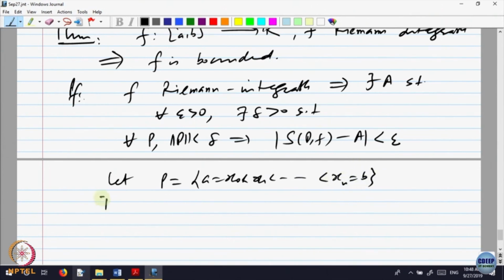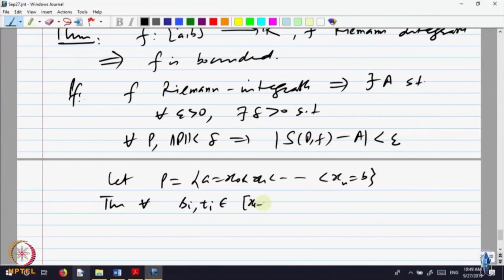Right? Then for every choice of points si and ti, see, S(P, f) requires the choice of a point in the interval from x(i-1) to xi. So let me choose some points si, ti between x(i-1) and xi.